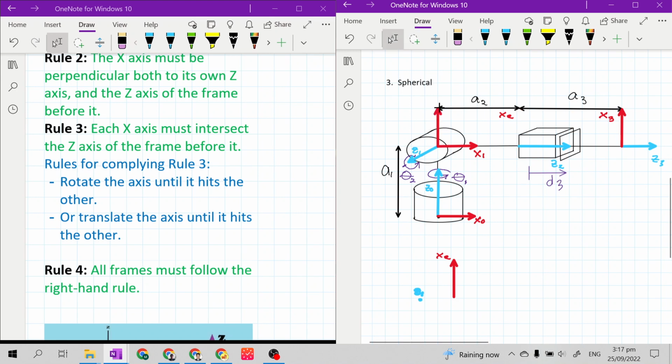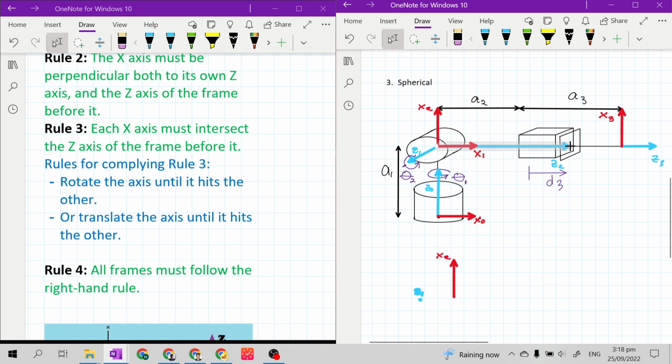Okay? Now they have the same origin. As you can see, Z sub 1 is already intersecting with X sub 2. Okay? So X sub 2 is also already intersecting with Z sub 1. Then, because you moved X sub 2, you need to also move Z sub 2.